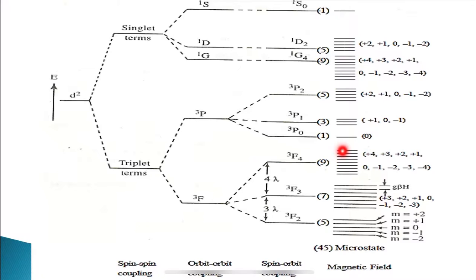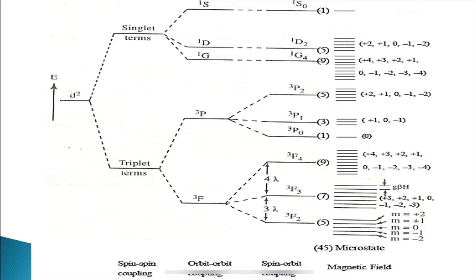Okay. So this is the main excitation or transition which we will observe in the d2 metal ion. You have to concentrate on this. Okay. So these are the main transitions which take place by the two electrons present in the d2 metal ion, in terms of triplet terms and singlet terms. Okay.